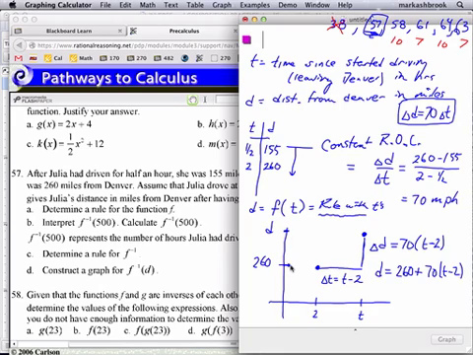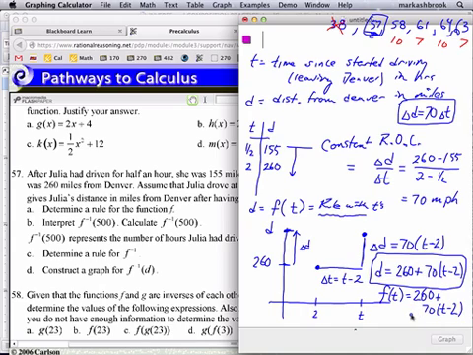So where we were, 260, plus the change in distance is going to be our final distance. And so that is the rule that gives us d in terms of t, our function rule. So f of t equals 260 plus 70 times t minus 2.